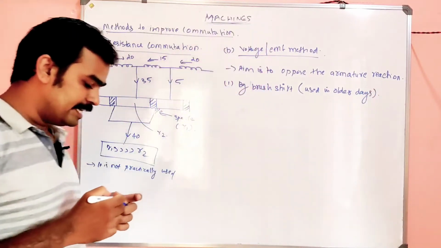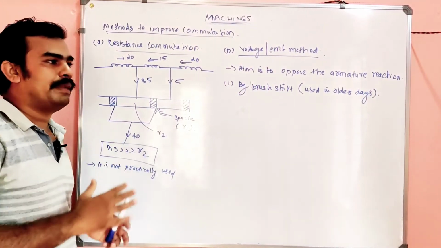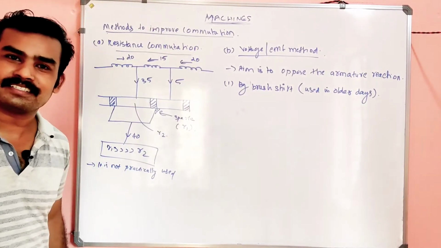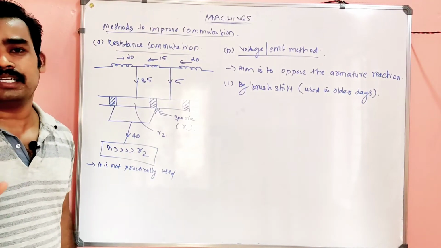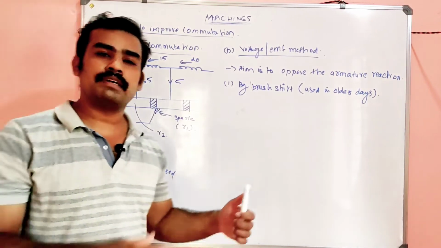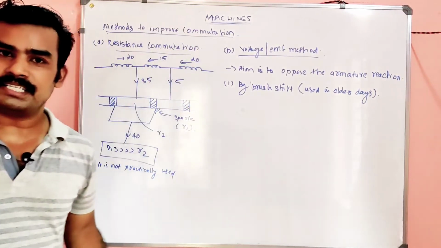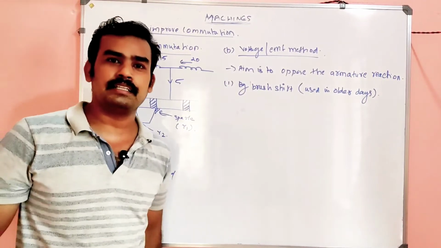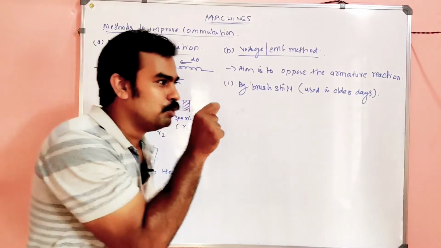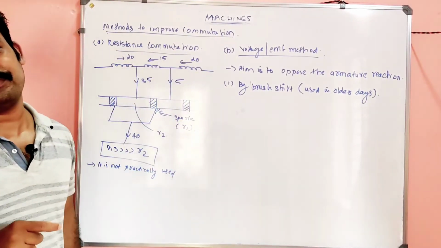What was that? I already explained it. We have to place our brush exactly at the magnetically neutral axis. It is not practically feasible, because whenever the load is changing, the armature current is changing, and whenever the armature current is changing, the effective armature flux is changing. So we have to search for a new MNA every time.